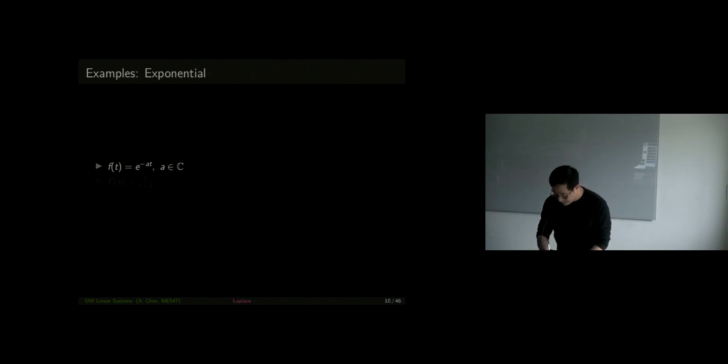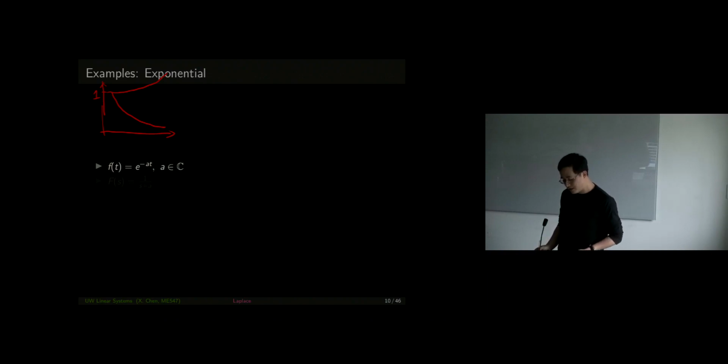So let us do this a little bit. Exponential function, it can happen this way, or it can also happen this way, and then this is 1. So it can be exponentially increasing, it can also be exponentially decreasing.